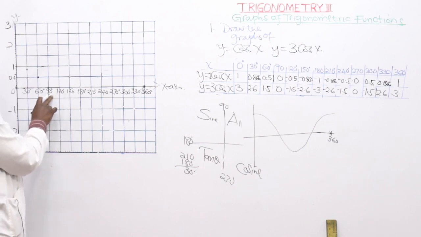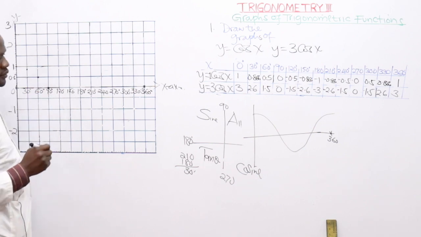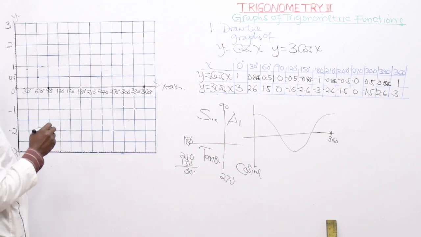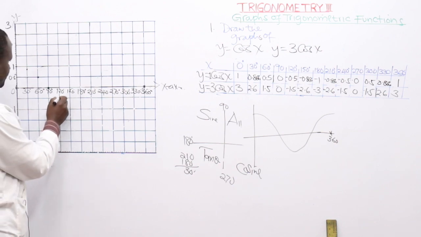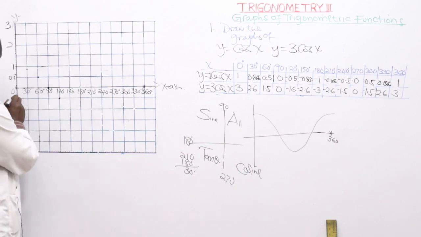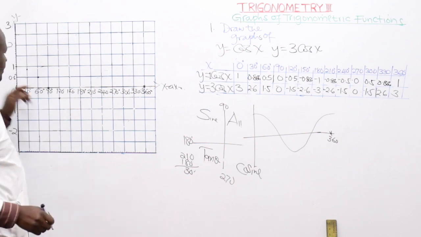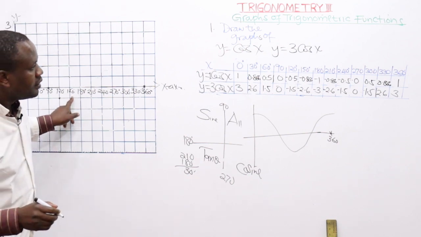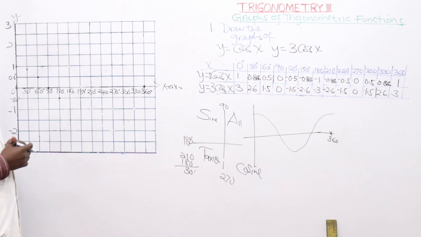90, it is 0. 120, negative 0.5, should be easy to see. Negative 0.5. 150, negative 0.87.